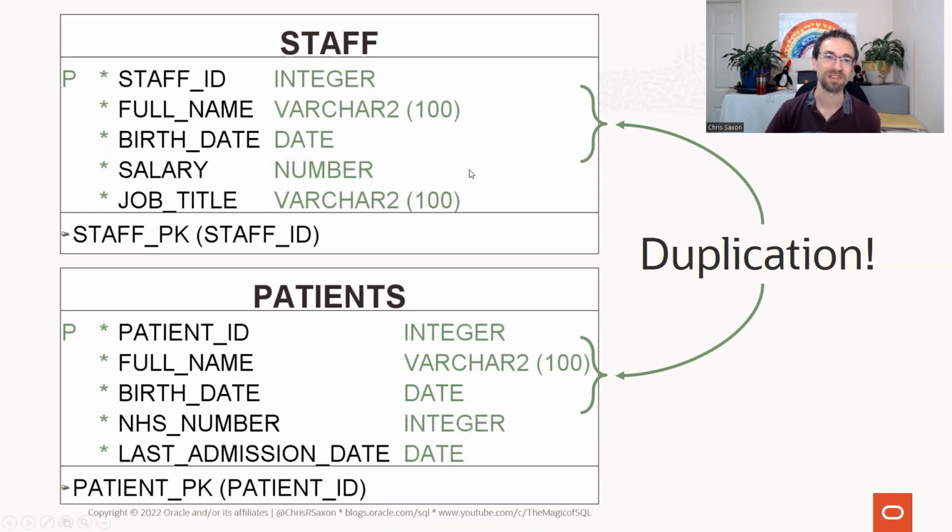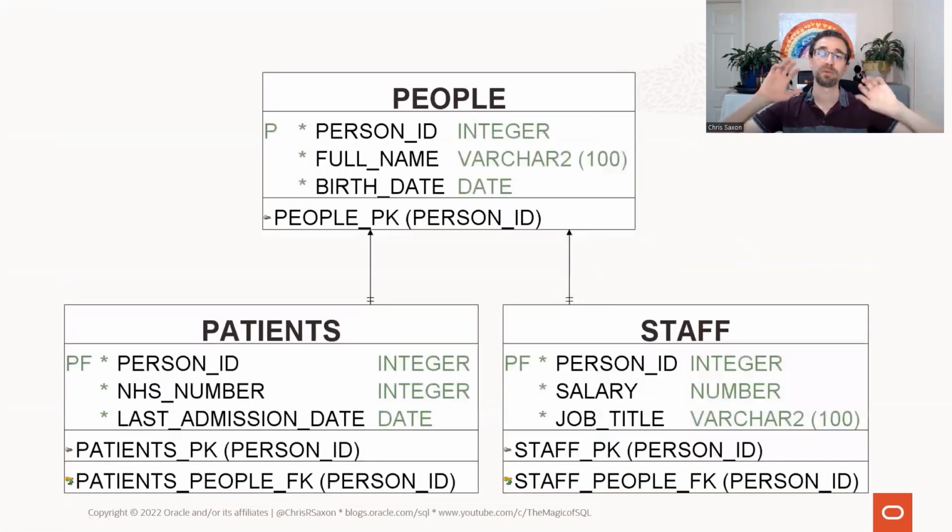What I think you should do in these scenarios is we've actually got a supertype-subtype scenario here. The common attributes which apply to everyone should go in a generic people table, but we should have child tables of that which hold the role-specific information, whether you're a patient or staff.